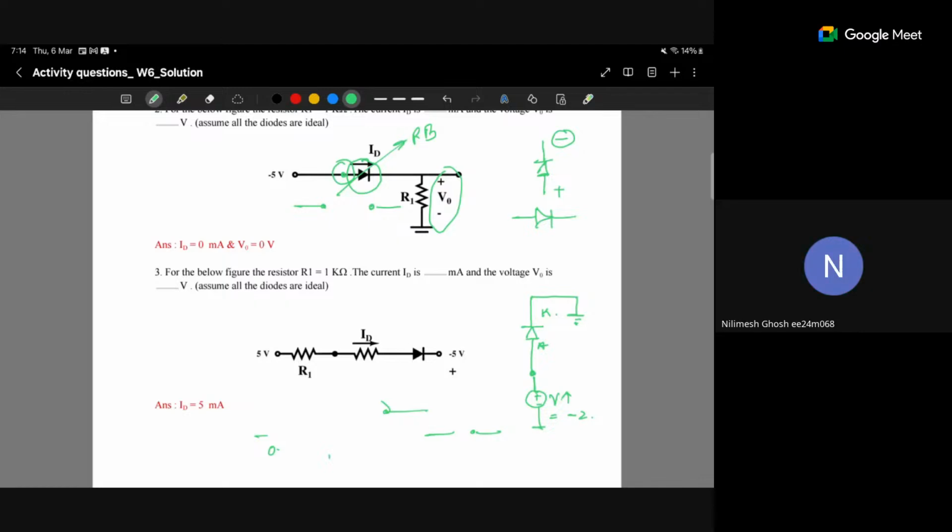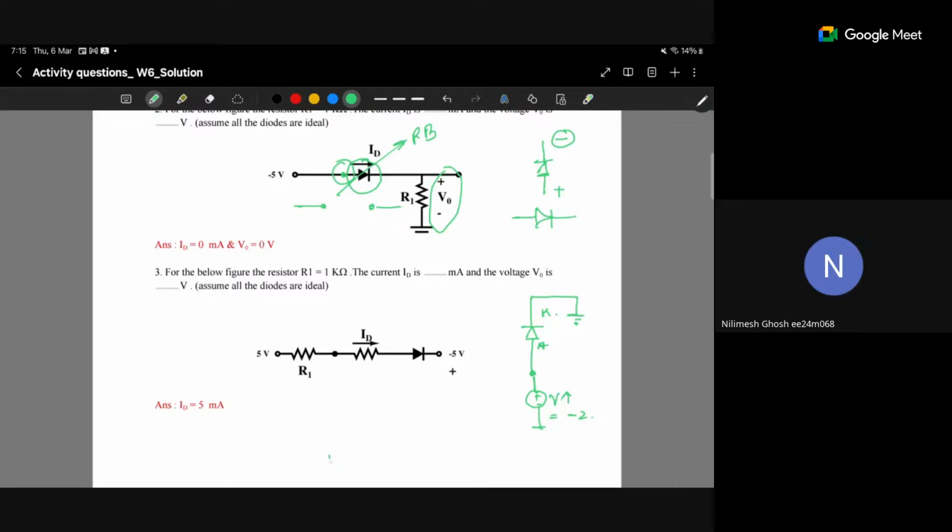If current does not flow, is there any voltage drop across the resistance? No voltage drop. Then what will be V0? Mathematically, no is 0, right? So V0 will be 0. Understood, everyone? Your doubt is clear, Rahul? Yes, sir. Thank you.